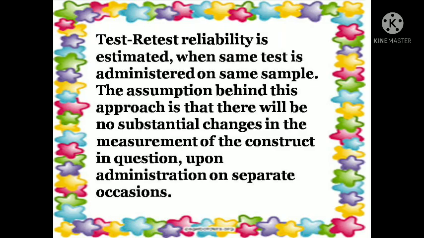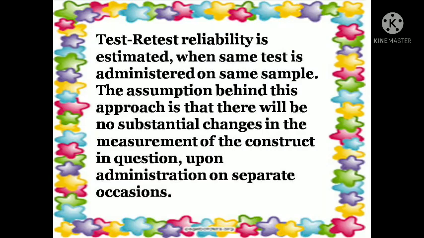Test-retest reliability is estimated when the same test is administered to the same sample. The assumption behind this approach is that there will be no substantial changes in the measurement of the construct in question upon administration on separate occasions.